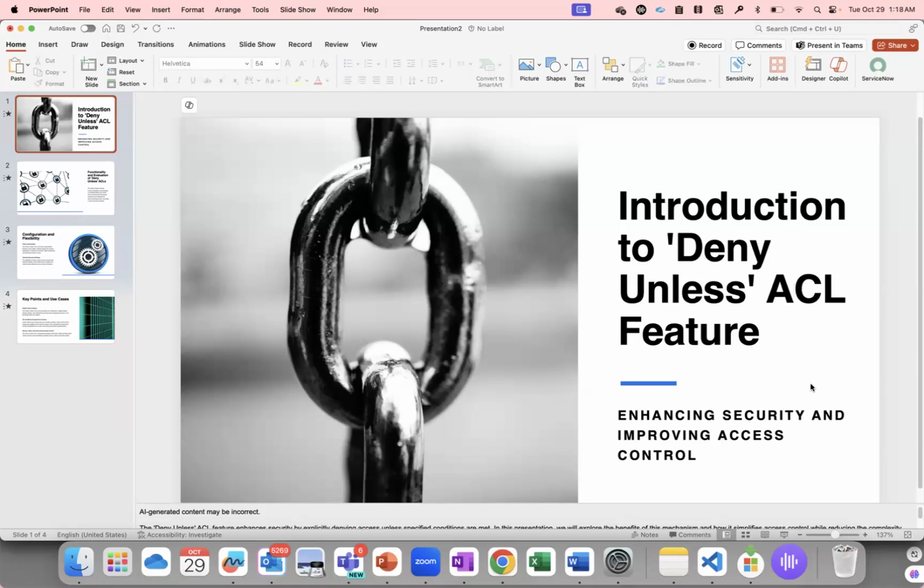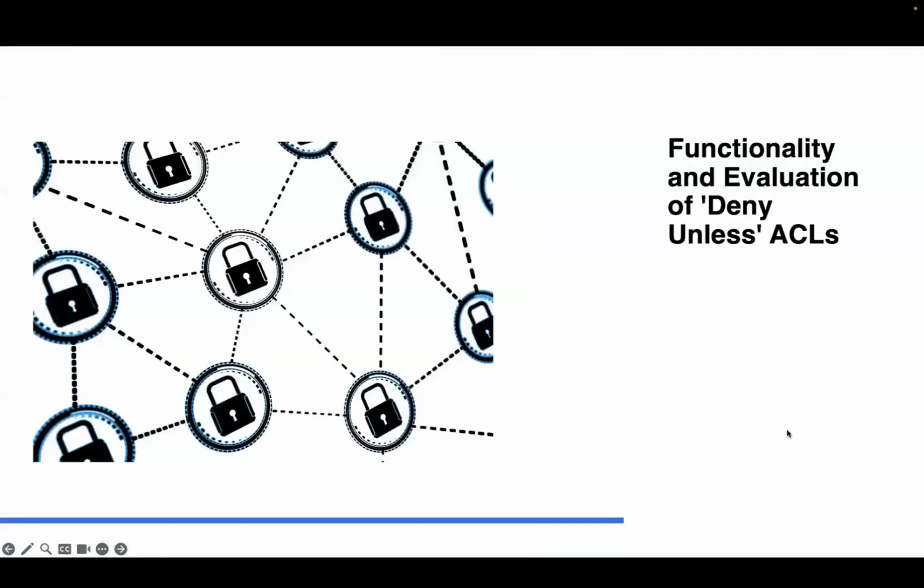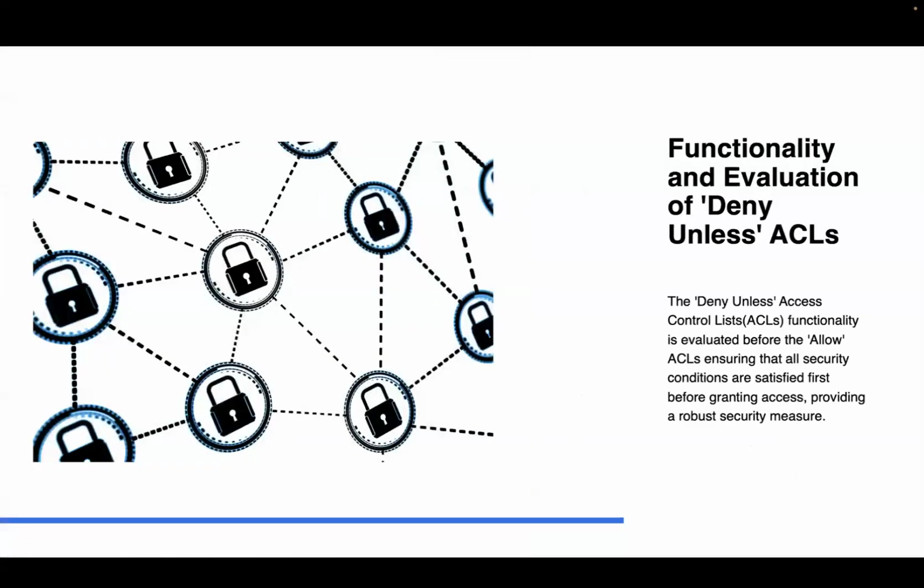Now let's talk a bit about the functionality of deny unless ACL. Here, the deny unless ACL acts as an additional layer of authorization that is evaluated before any of the allow ACLs come into the picture.